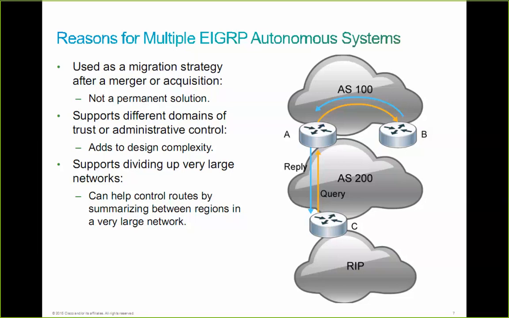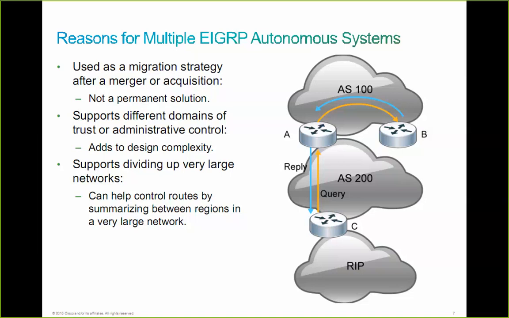The last, and probably the least used, would be to try to get that hierarchical design that you get with OSPF where you have multiple areas. I wouldn't say it's necessarily the same design as OSPF. In this case, instead of having multiple areas, we have multiple autonomous systems, and we create hard summarization boundaries between the autonomous systems.